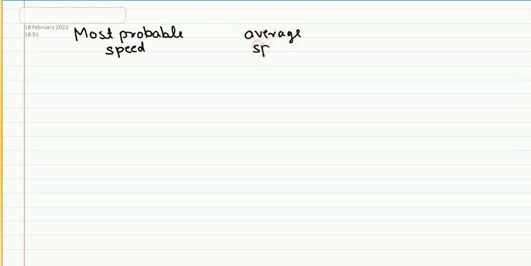So we have the most probable speed, and then we have the average speed, and then we have the root mean square speed.